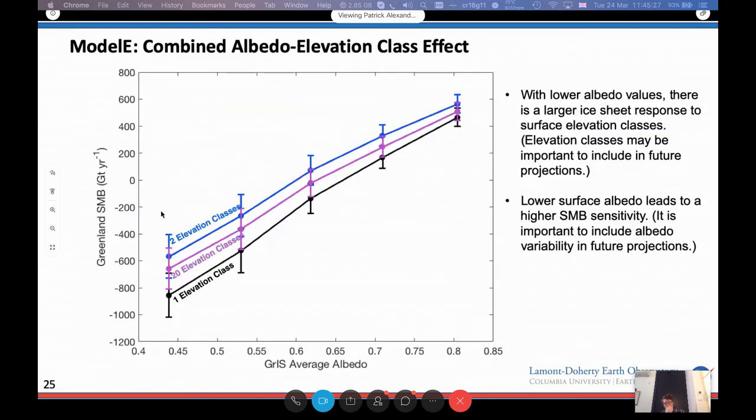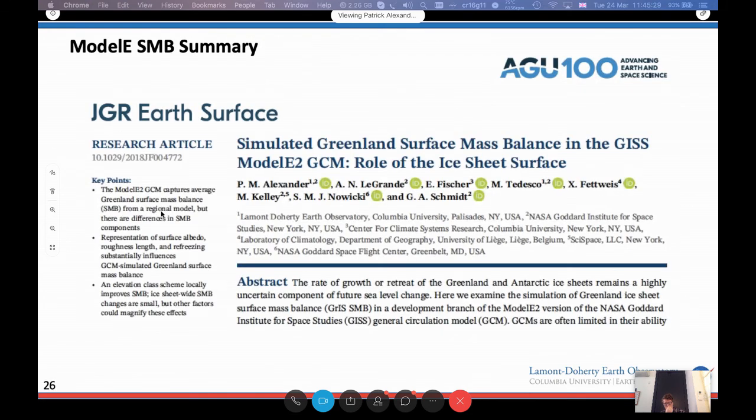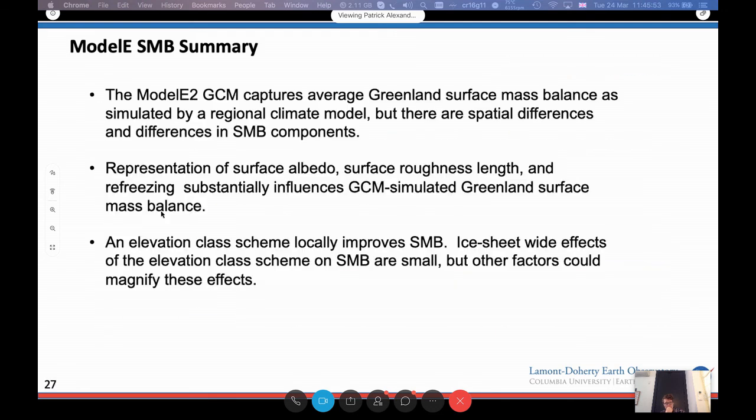So this work, most of what I talked about earlier, was published in this paper. And these are sort of the conclusions from that study. The average albedo and the average surface mass balance are similar, but there are some spatial differences.